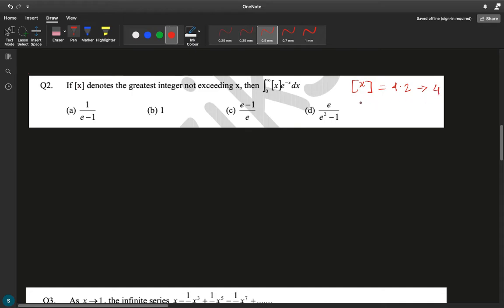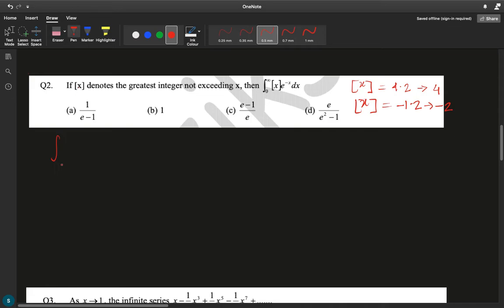If the value is like minus 1.2, then it will take the value minus 2. So the box function has integral values and it always takes the previous value on the number line. In this case, x denotes the greatest integer, obviously.